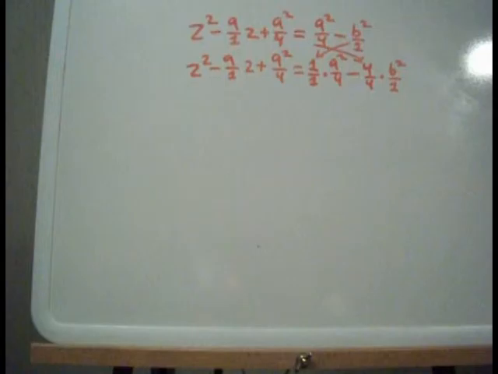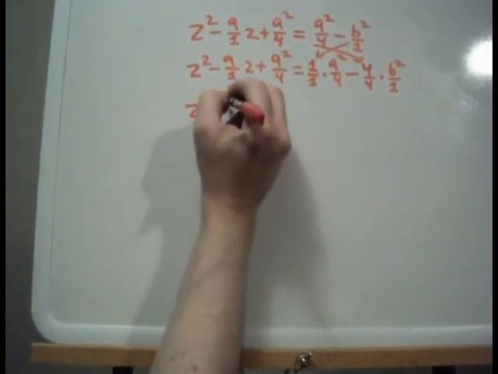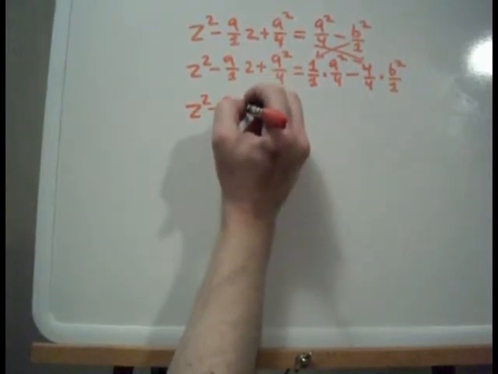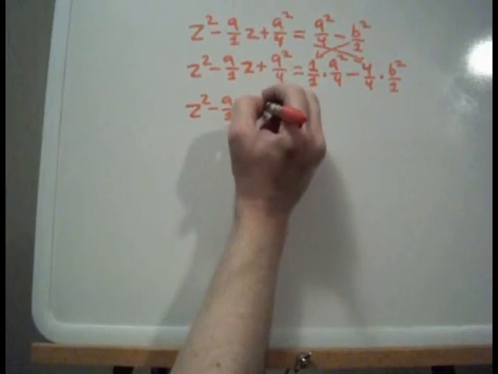So, what do we get next? I know this looks like a 2, but it's z.